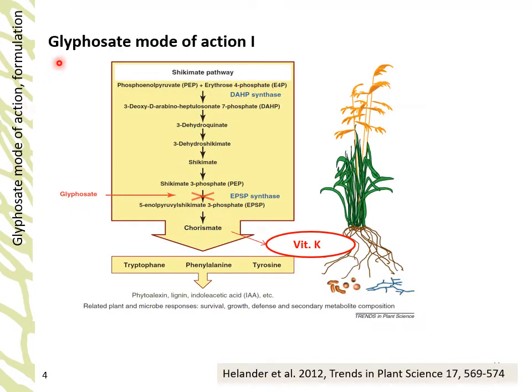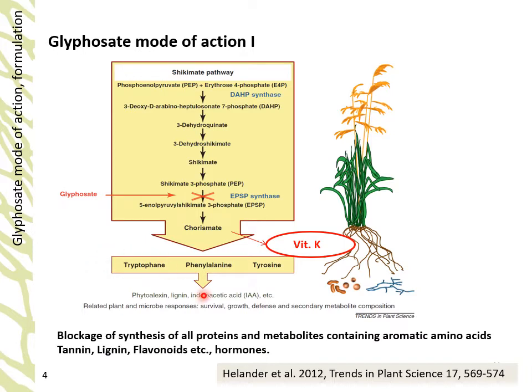The mode of action of glyphosate is by blocking the shikimate pathway. It is an important pathway for plants to produce tryptophan, phenylalanine, and tyrosine, and basically all aromatic metabolites and proteins that contain aromatic amino acids, which are these three.